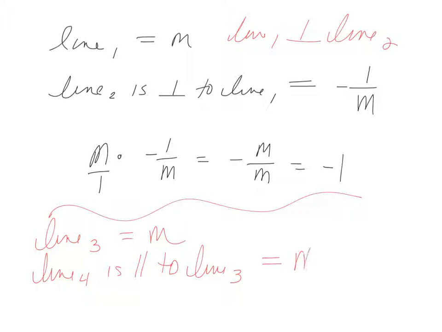It's also m. And I can't do any fun multiplication tricks to prove anything. If m is equal to m, then the lines are parallel. They will have different y-intercepts every single time. If they don't have different y-intercepts, then they are the same line. Okay, I'm sure we'll have an example of that.